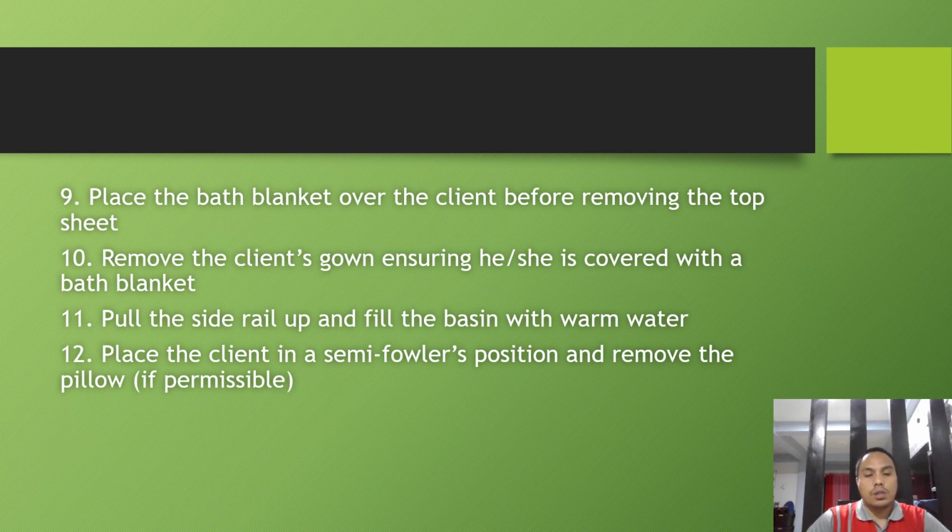Why? Undressing the affected or injured side last allows easier manipulation of the body parts with reduced range of motion. Okay? And after that, we need to put the side rails up and fill the basin with warm water, to maintain the client's safety. Warm water promotes comfort and relaxation of the muscles.